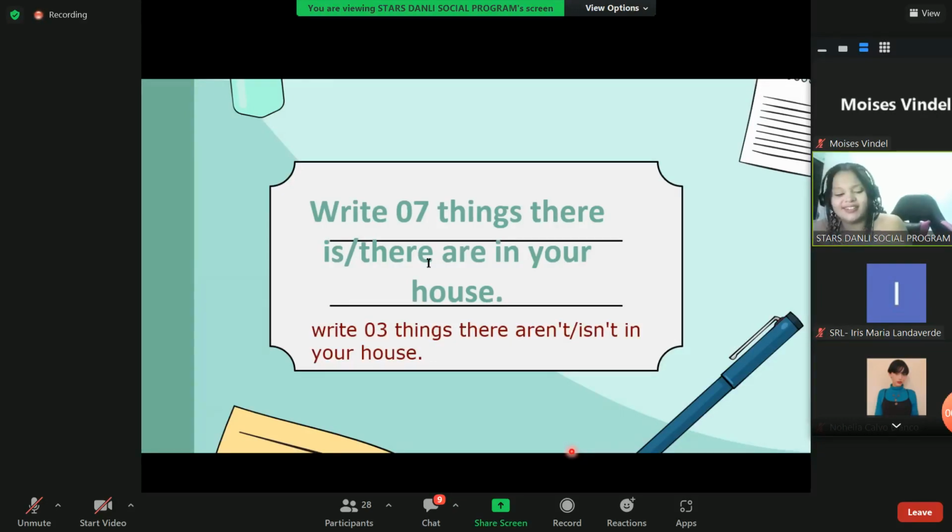Giselle. There is a table. There are 4 chairs. There aren't 2 dogs. There is not a tablecloth. Okay, now let me see. Ada.